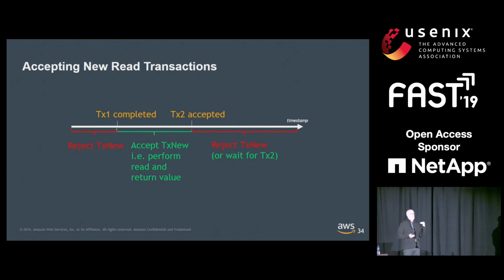It goes back to the application. The application, most likely in that case, will retransmit it, resubmit it, because it's optimistic concurrency control. By the time that new transaction comes back in, TX2 will have already completed, and we're in good shape. So we get the same effect, essentially, but saving simplicity by making the system simpler and putting the burden on the application to retransmit, which it's going to do anyway.